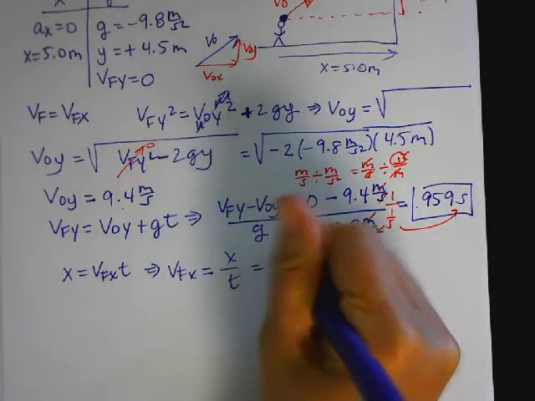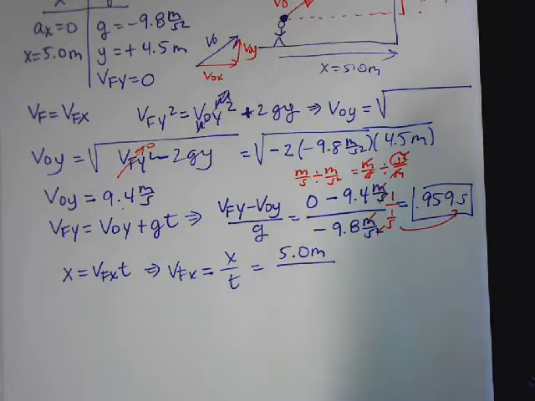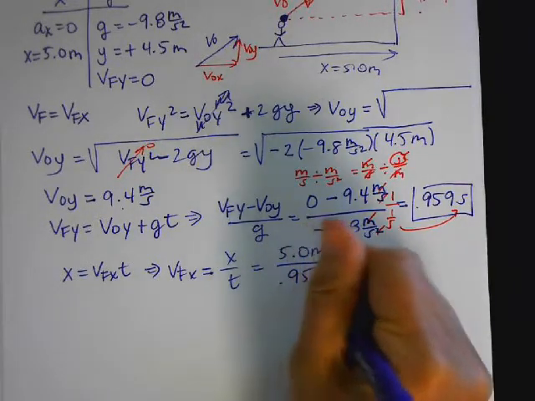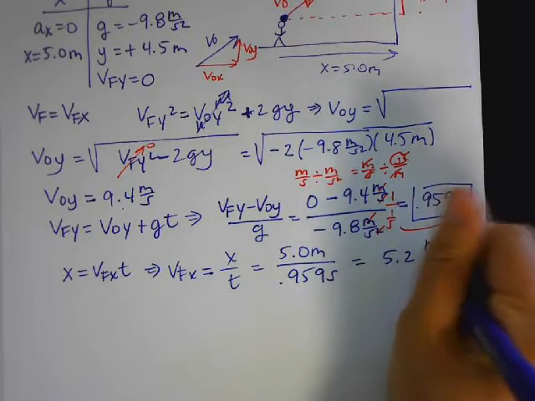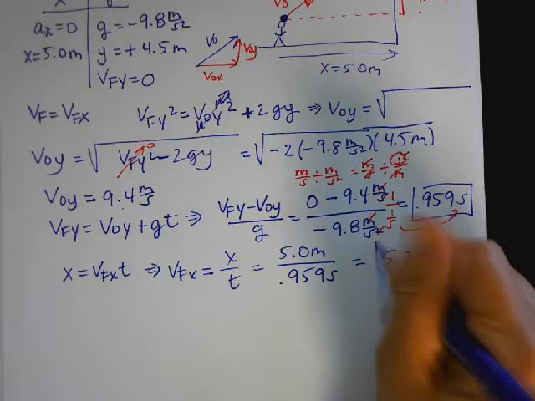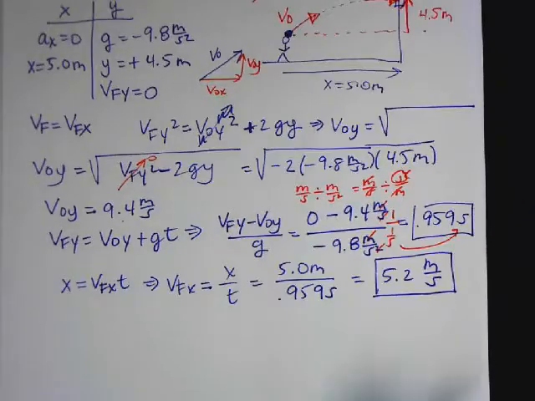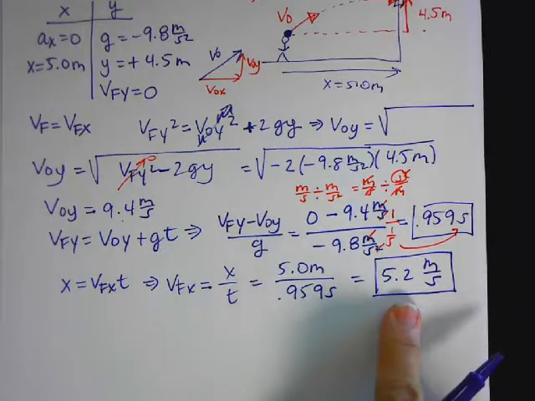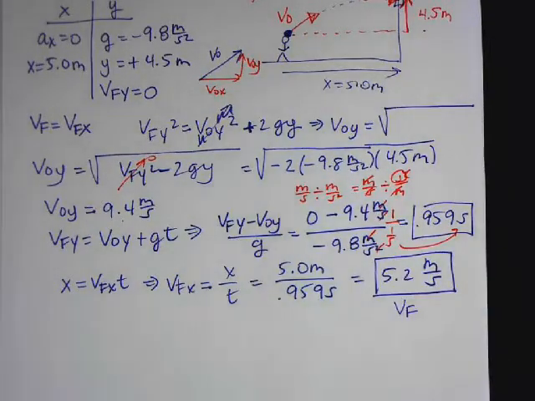So it's equal to 5 meters divided by 0.95 seconds. So this comes out to be 5.2 meters per second. So remember, this is all horizontal, so this is also equal to VF, because that was VFX.